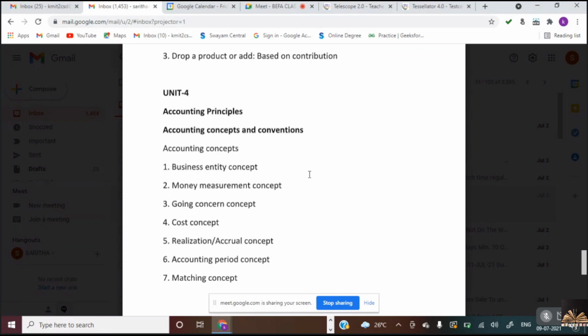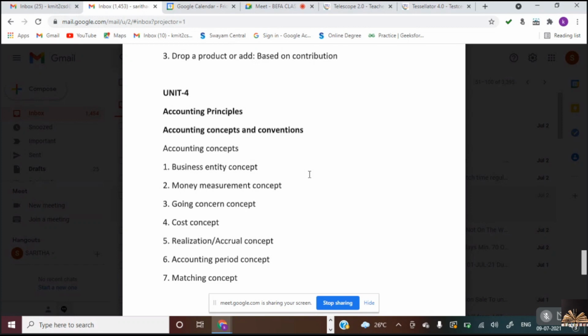Now going to the second concept, money measurement concept. What you should know about this concept is that in accounts, while preparing the accounting statements, we consider only those transactions which can be measured in terms of money.